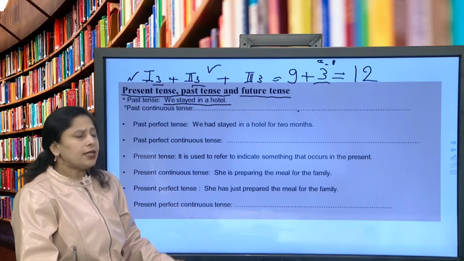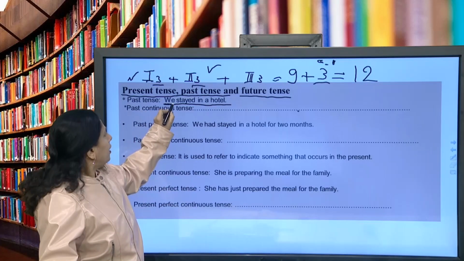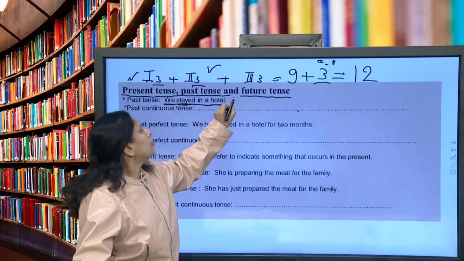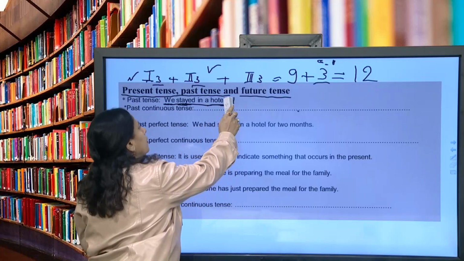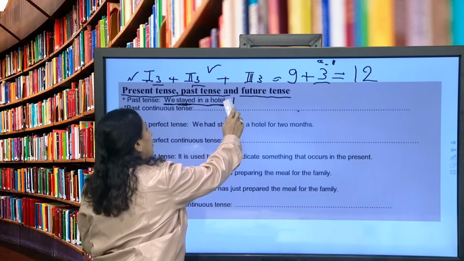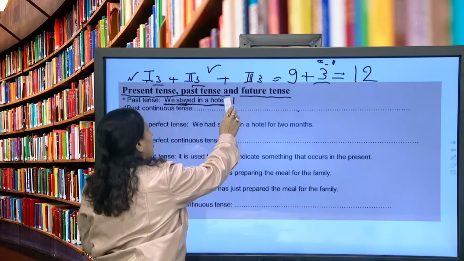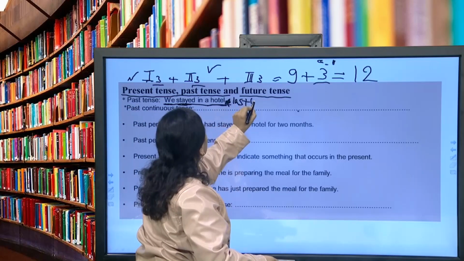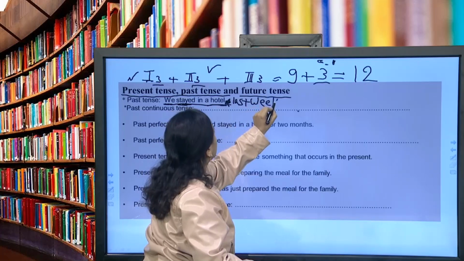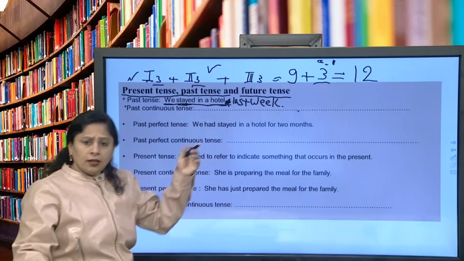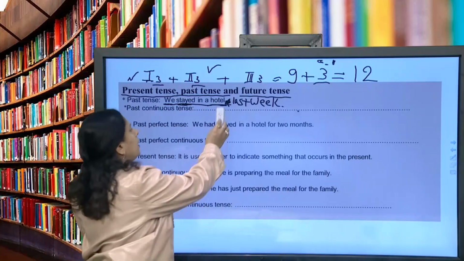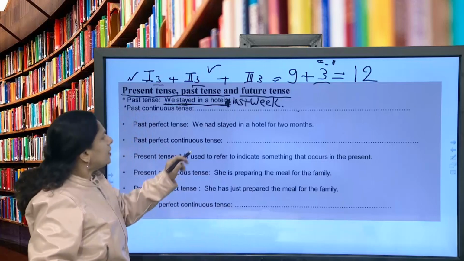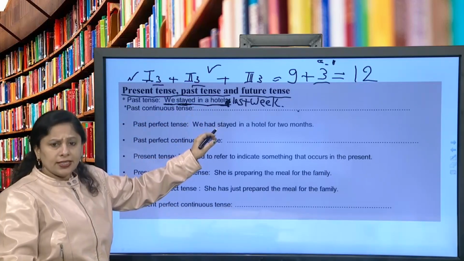It shows that we stayed in a hotel maybe last week, maybe last year. So basically, we stayed in a hotel deals with things which are already done.